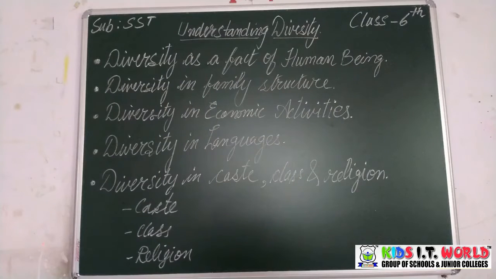In fact, we find diversity in all walks of our social life, including family life, food, dresses, dwellings. Dwelling means the way we live in our house, customs, languages, caste, religion, economic activity, etc. So we can see diversity in various aspects of life.